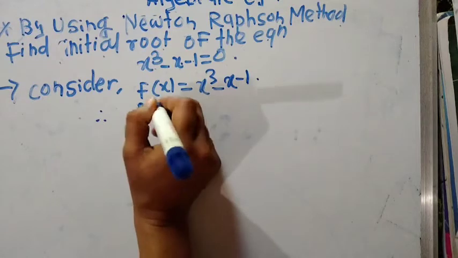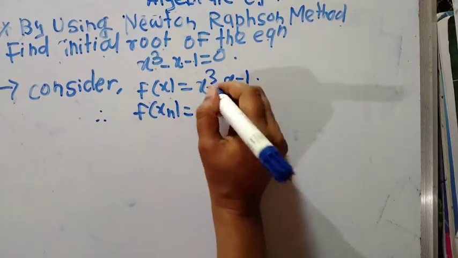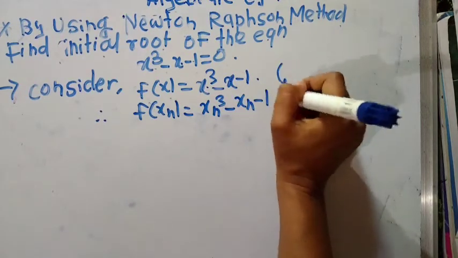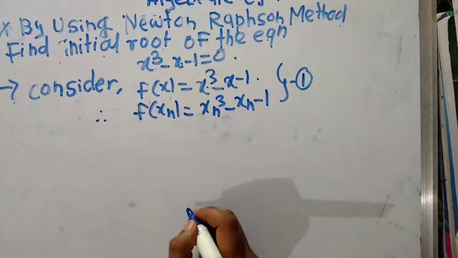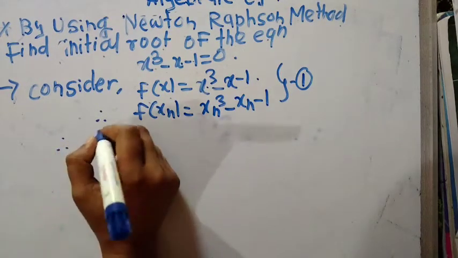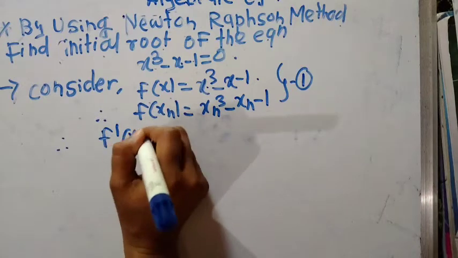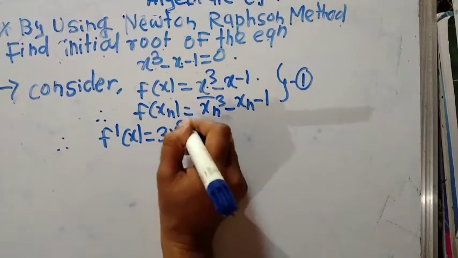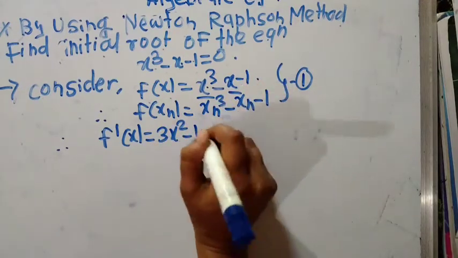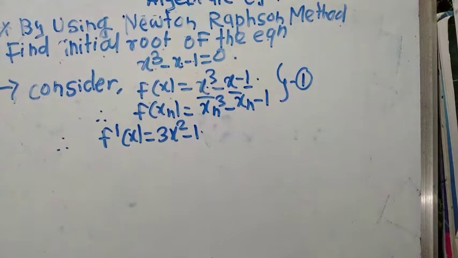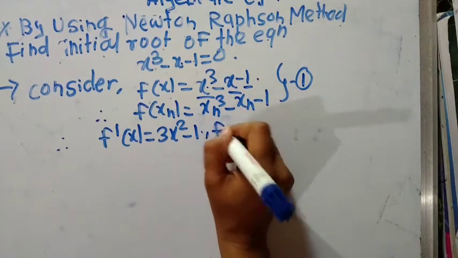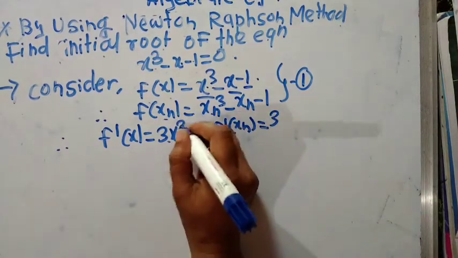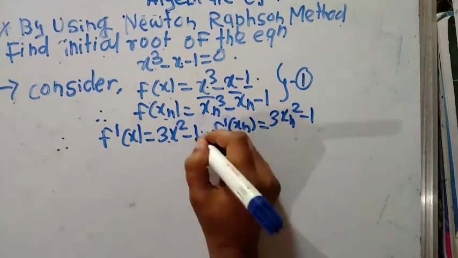Hence, f of xn is equal to xn cube minus xn minus 1, which is our first equation. Then find out f dash of x: derivative of x cube is 3x square, derivative of x is 1 and derivative of 1 is 0. So hence f dash of xn is equal to 3xn square minus 1.